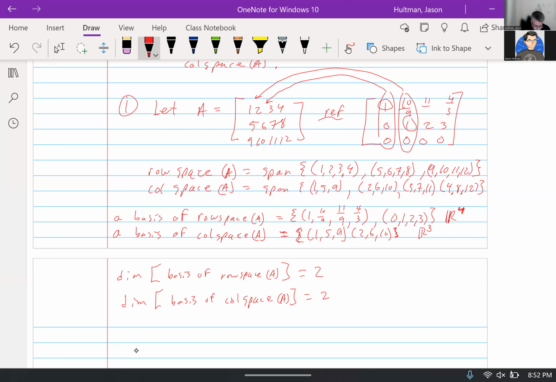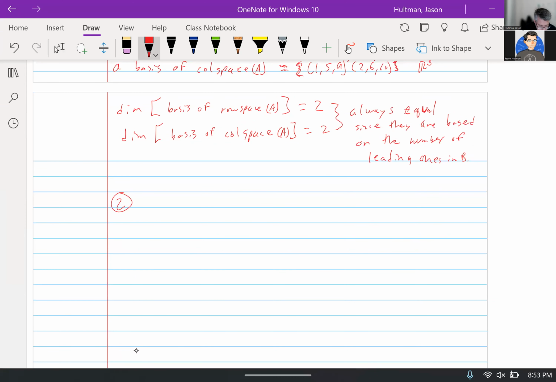So these are always equal to each other, since they are based on the number of leading ones in matrix B.